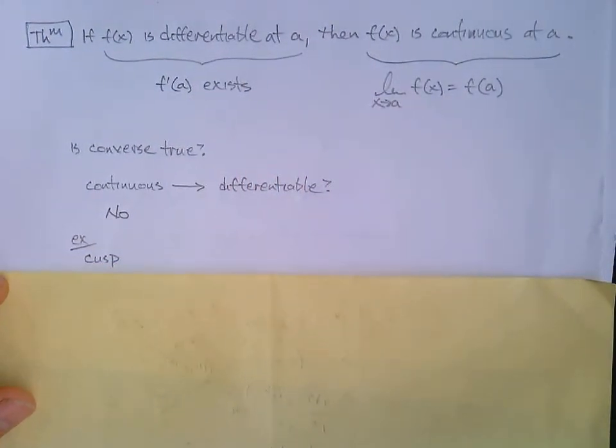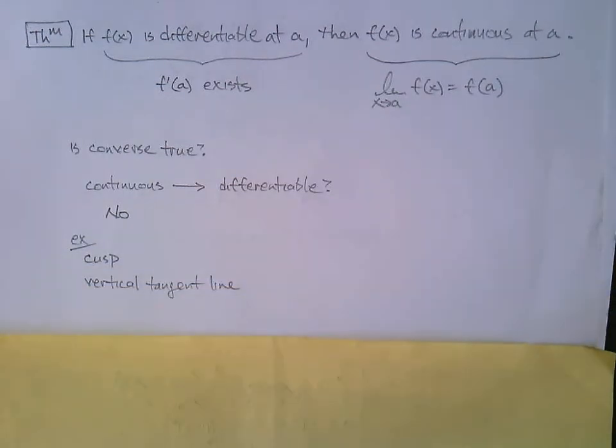So it turns out there's another situation where a function can be continuous but not differentiable. This was in a previous video. It was that vertical tangent line. If there's a vertical tangent line, then everything about that original function is continuous. You just can't take a derivative where the tangent line goes vertical because that'd be undefined. Okay.